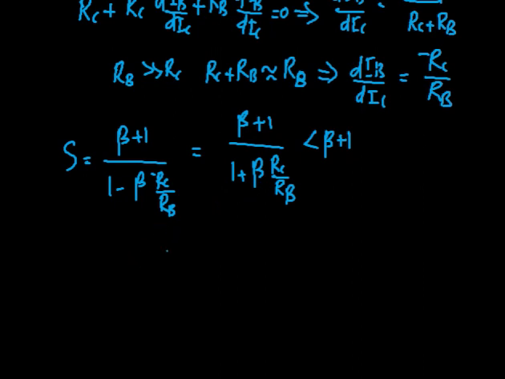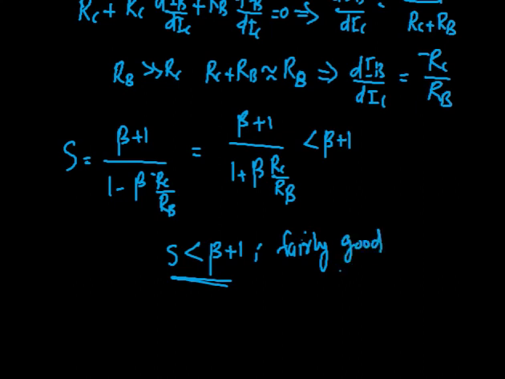So the stability factor for biasing with the feedback resistor method is less than beta plus 1. But in the case of a fixed bias or base resistor method, the stability factor is approximately equal to beta plus 1. So the stability factor is not very good, but we can say it is fairly good for biasing with the feedback resistor method.